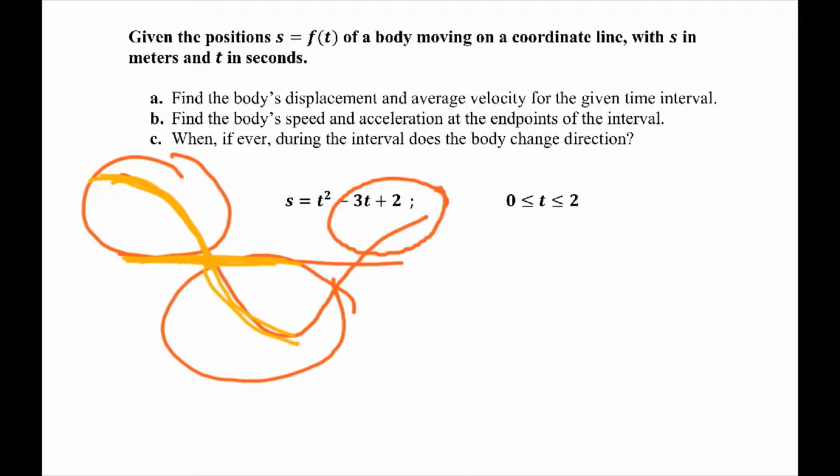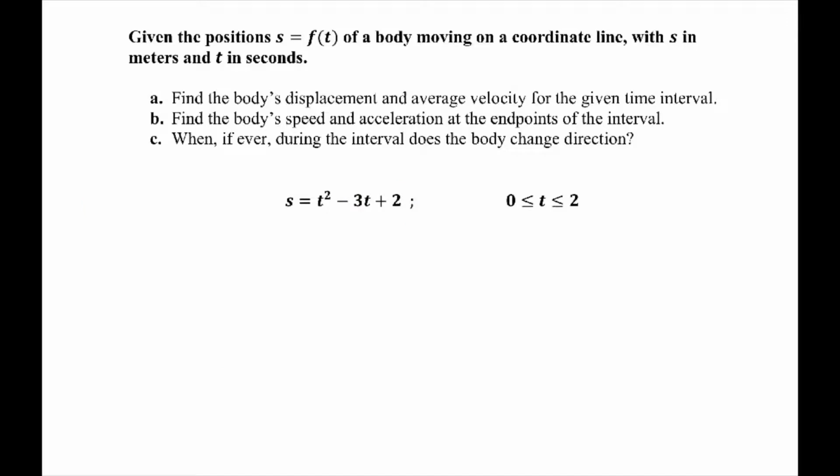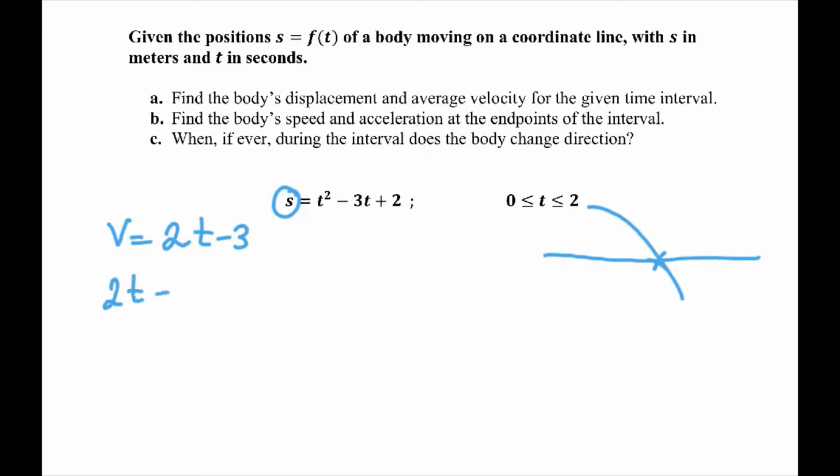So in order to do that, I need to have the velocity here. Remember, the velocity was the derivative of the position, which is 2t minus 3. I need to find when the velocity will be equal to 0, and that's when the function hits the axis here. So I'm going to say 2t minus 3 equal to 0, 2t equal 3, and t equal 3 over 2.